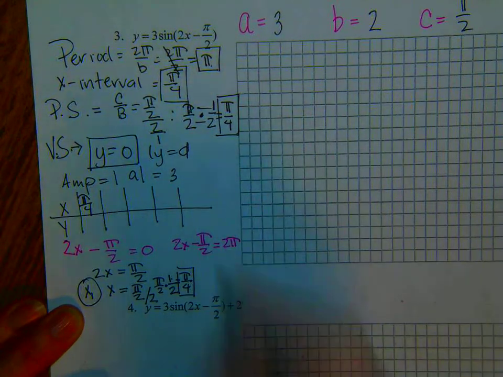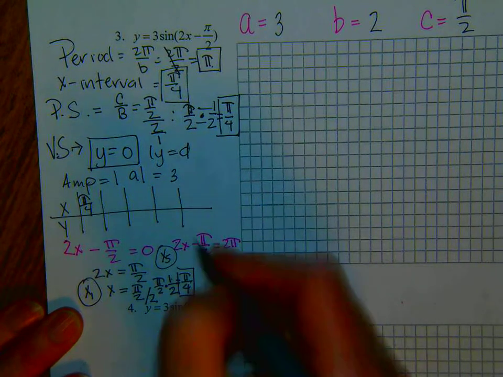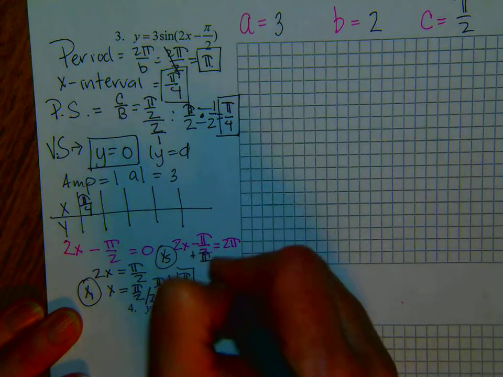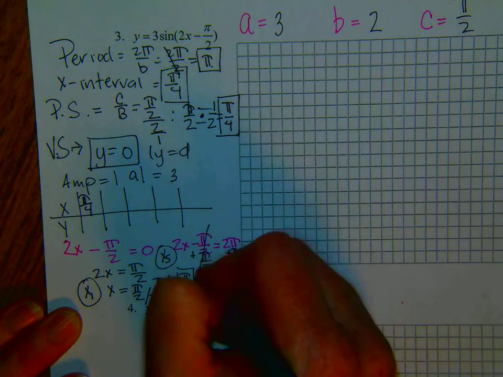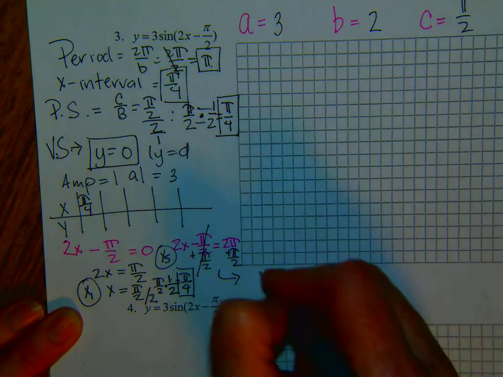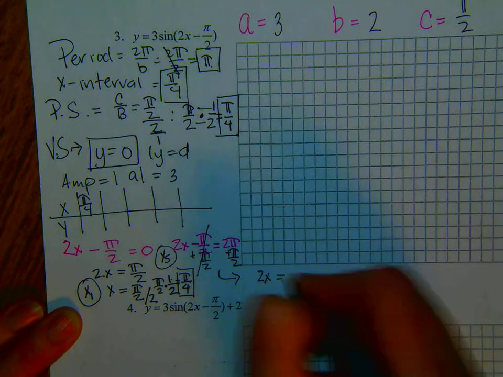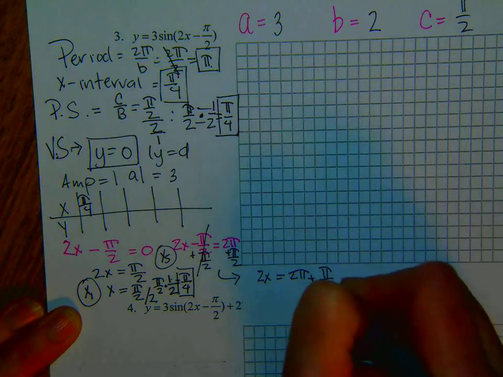Now I have to solve for x5, this x sub 5. So I add pi over 2 to both sides. These pi over 2's cancel. So now I have 2x equals 2 pi plus pi over 2.